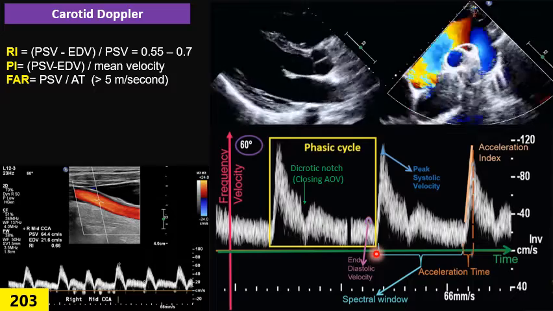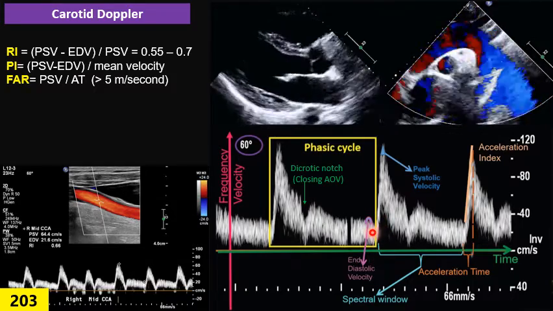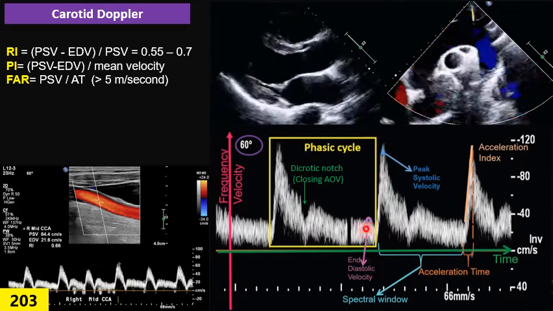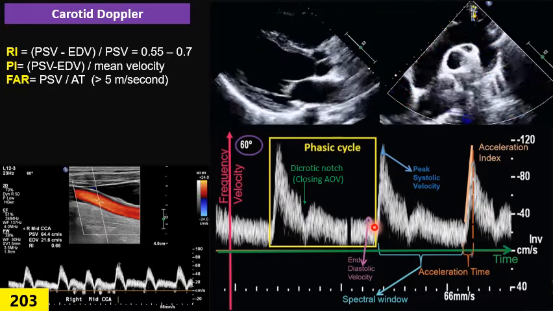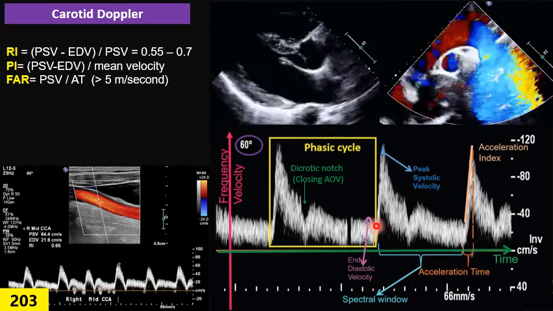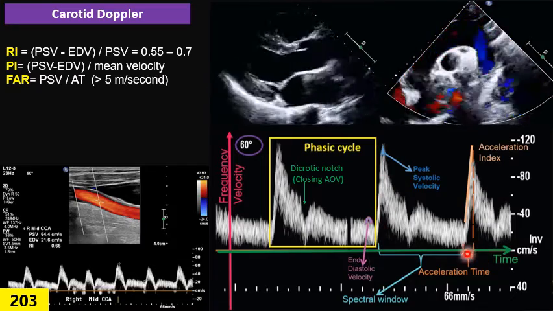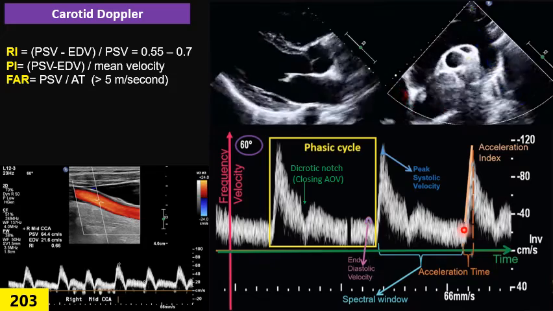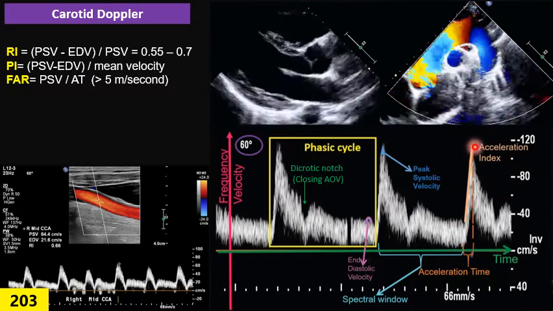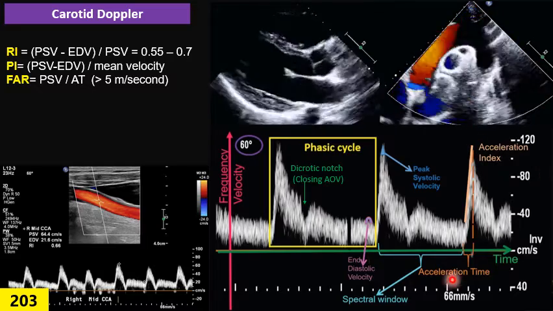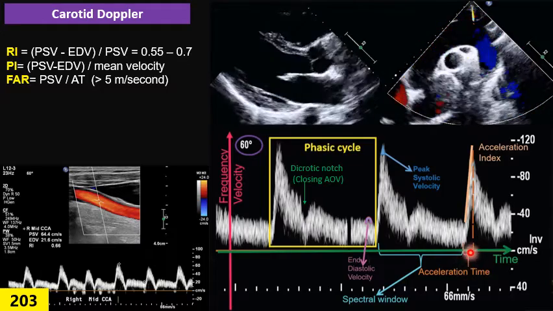Another parameter that we measure is acceleration time, which starts from the beginning of the upstroke to the maximum. It is the time it takes, after end diastole with contraction of the left ventricle, for the upstroke to go to the peak. We put one caliper at the beginning of the upstroke and another at the peak, and by selecting the acceleration time option the machine calculates this time for us.